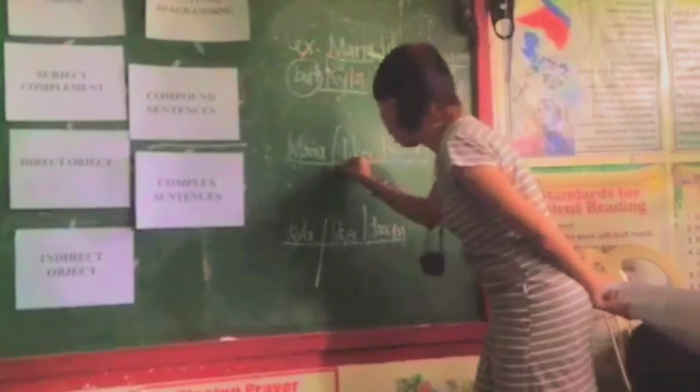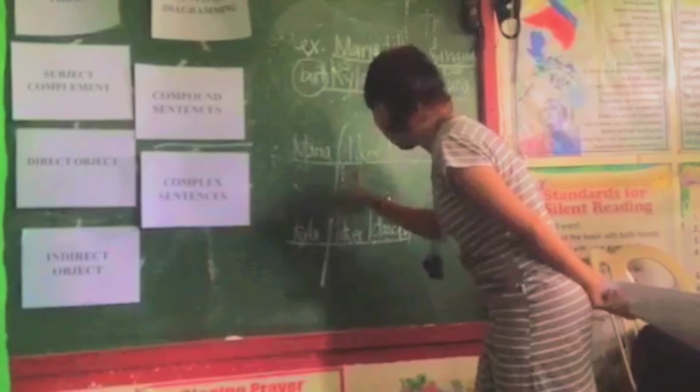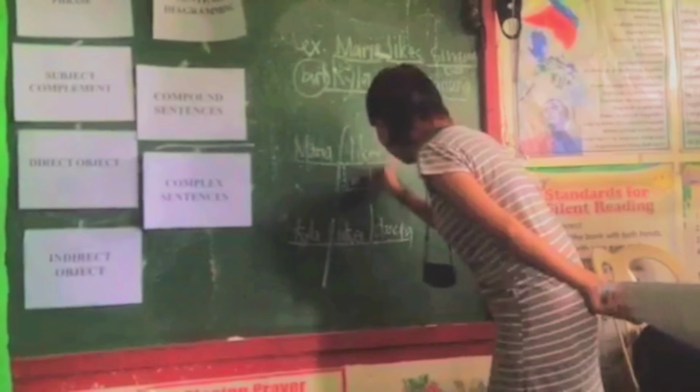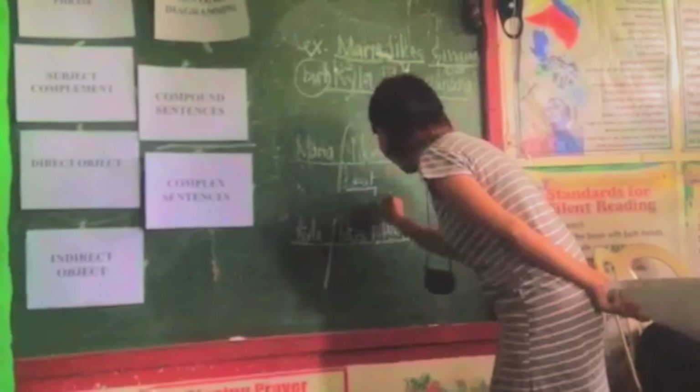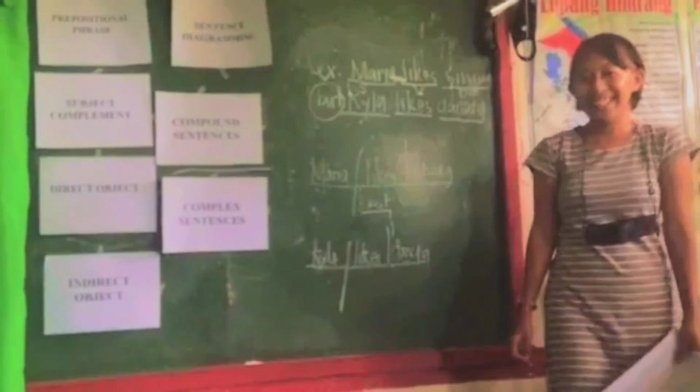So we have to draw a line here to connect to the second independent clause.